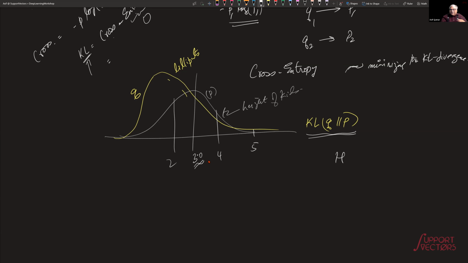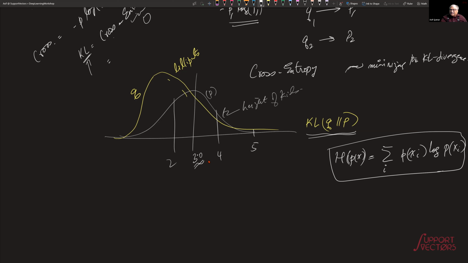The entropy associated with a probability of some random variable is essentially the sum of pxi log pxi, the probability of that event. Are we together? It is by definition. In other words, it's not that somebody has computed this formula. This is the definition of entropy.